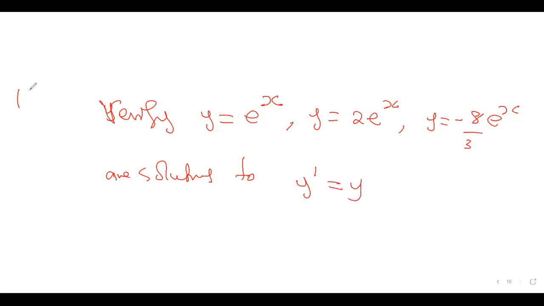So this is your homework. Verify that y equal to e power x, y equal to 2e power x, and these are solutions to this DE. This homework is given in the notes.